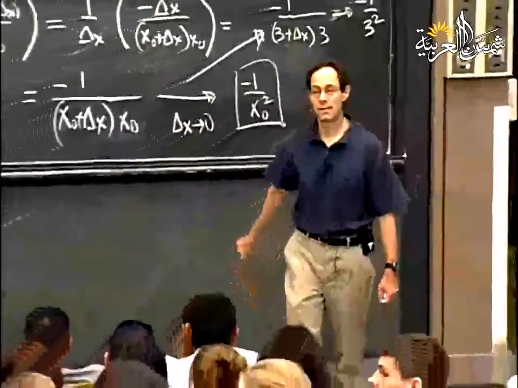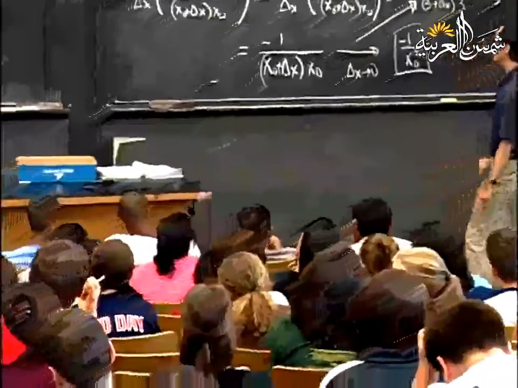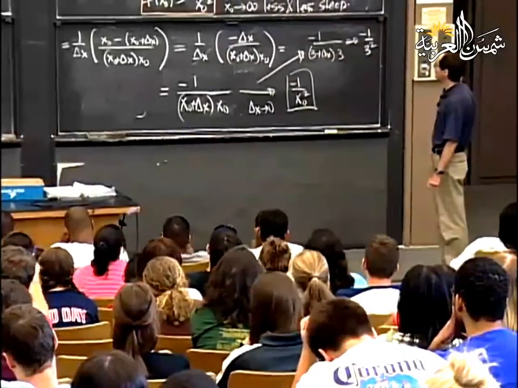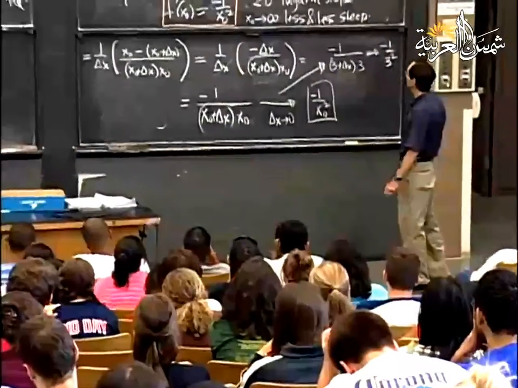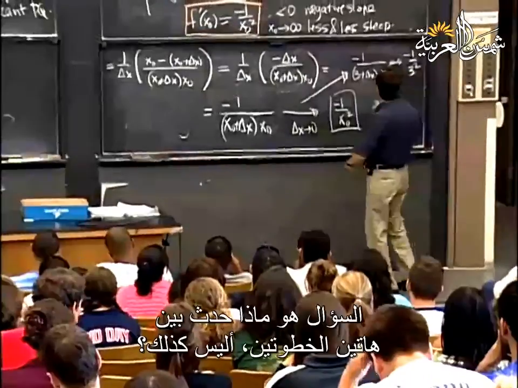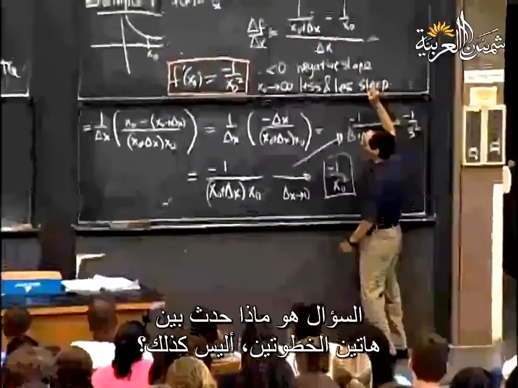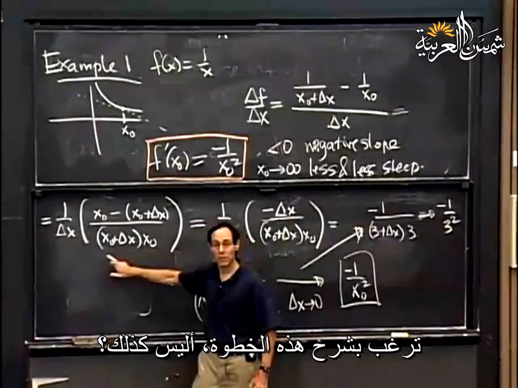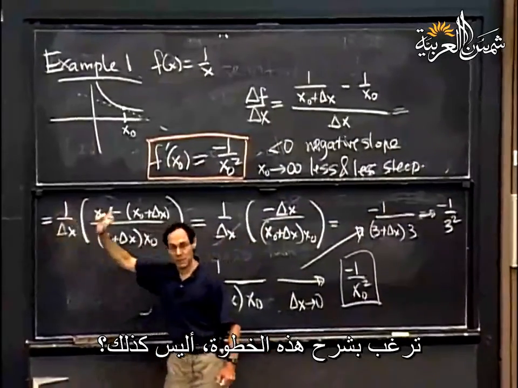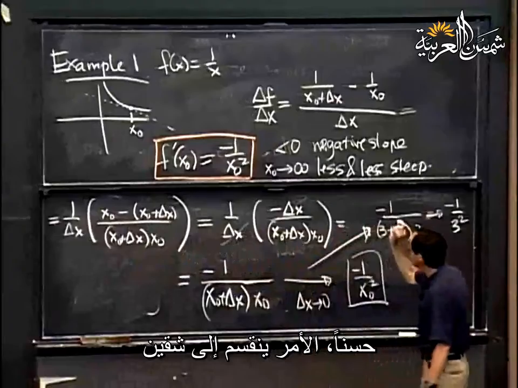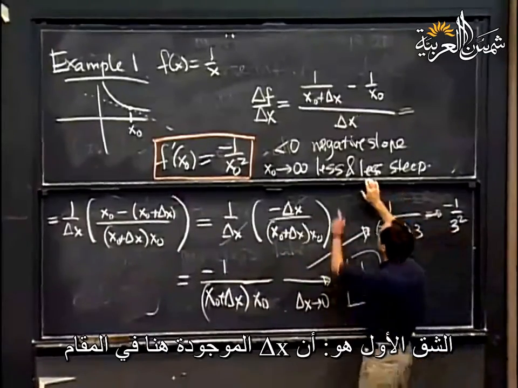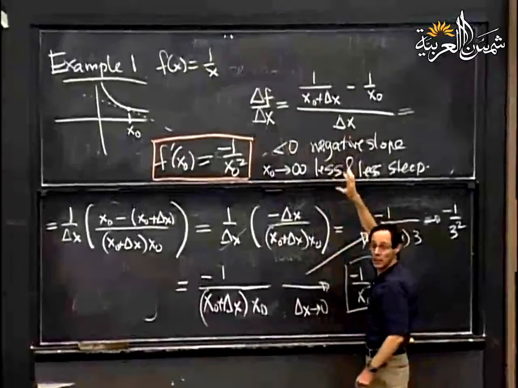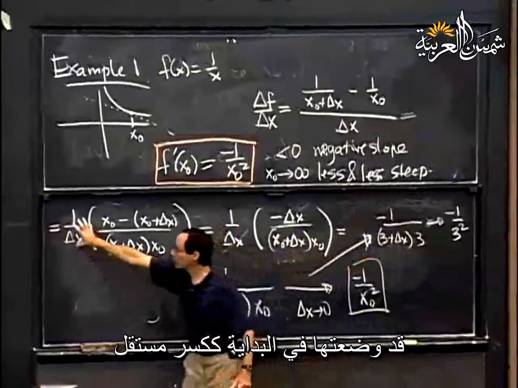Yes? How do you simplify from delta f over delta x? How do you simplify from your new equation to where you have 1 over delta x factored out? So the question is, what happened between this step and this step, right? Explain this step here. All right? So there were two parts to that. The first is this delta x, which was sitting in the denominator, I factored all the way out front.